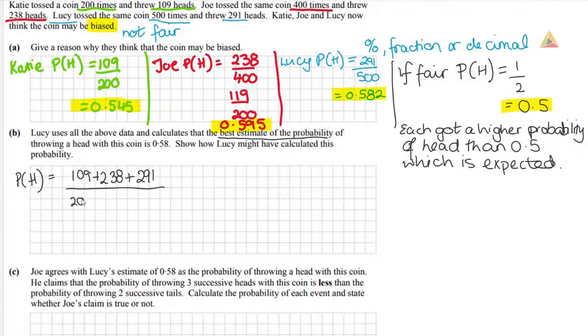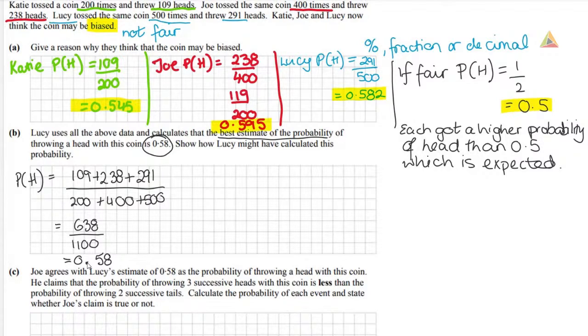So there were 200 and 400 and 500, and this gives 638 out of 1,100. And when that goes into the calculator, it tidies up to give this decimal, and they want it as a decimal this time, so 0.58. So that's how Lucy would get this data.